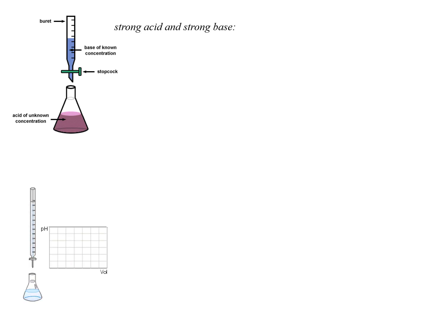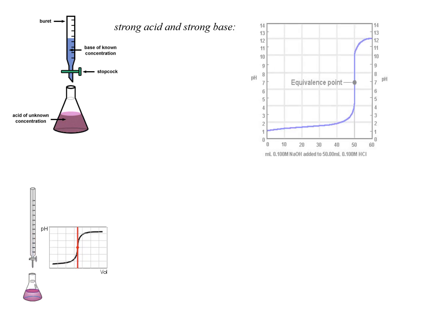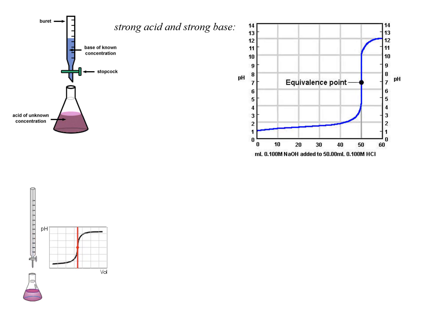Okay. If the acid and the base are both strong, and we were to graph how this would go, you notice that I have pH on the y-axis here, and I have the milliliters, the volume of the NaOH, which is my strong base in this case.